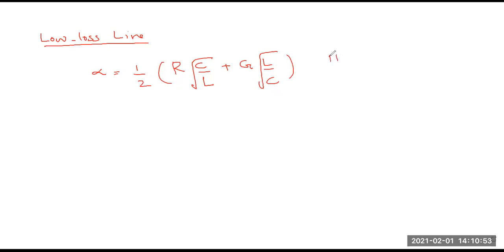This is the attenuation constant in units of Nepers per meter. The phase constant of the low loss line is approximately equal to beta equals omega times square root of LC. And the characteristic impedance of the low loss line is also approximately equal to square root of L by C.